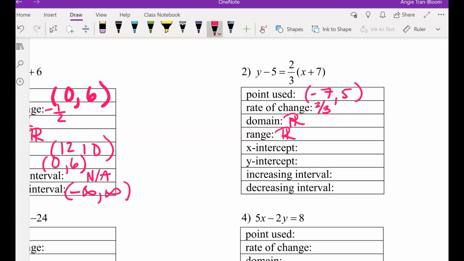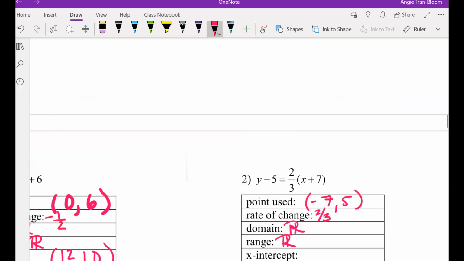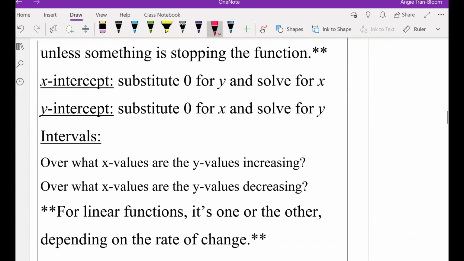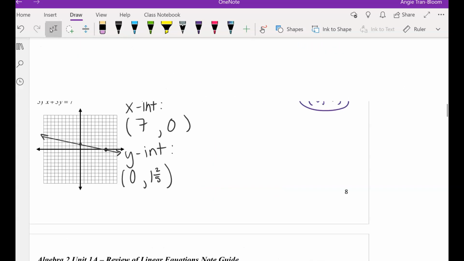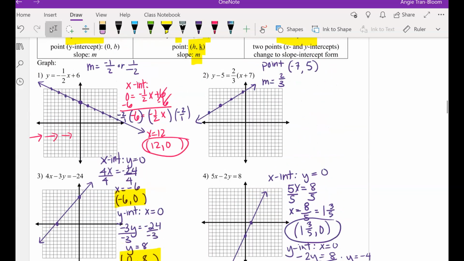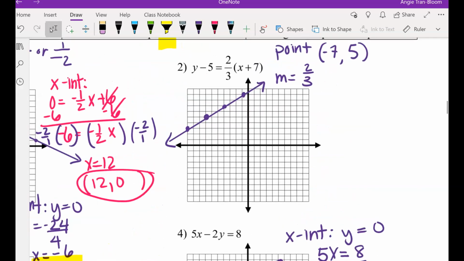Now I'm about to flip back to the previous page so we can see whether we can locate the X and Y-intercept if they have any. So number 2. All right, here we go. Number 2, class, can you see anything on the X-intercept or the Y-intercept? No, so guess what we have to do?